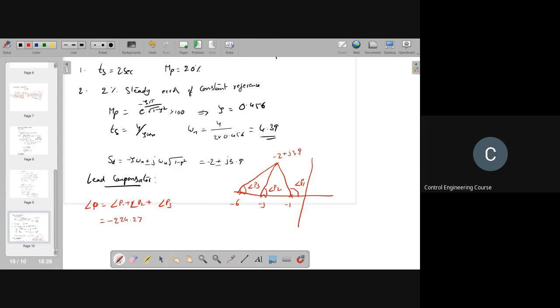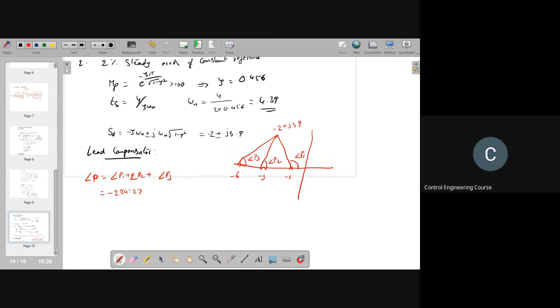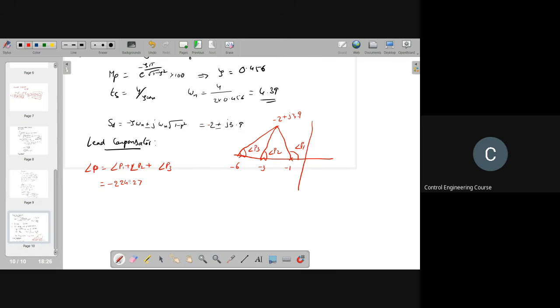I am not showing the exact steps because you know how to calculate angles by this time, so I am just putting those numbers here. So the angle deficiency phi is equal to minus 180 minus angle P, which is equal to 44.27.